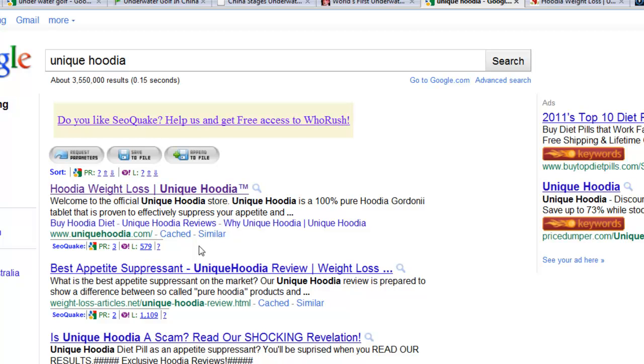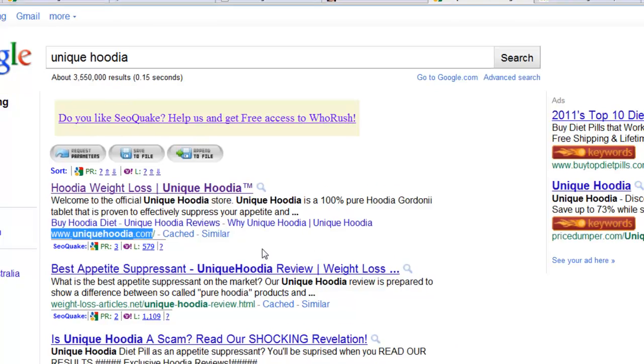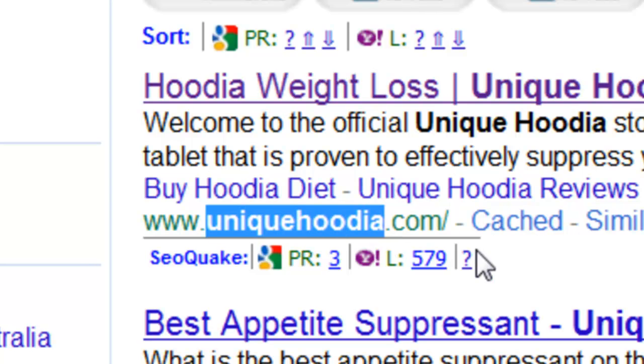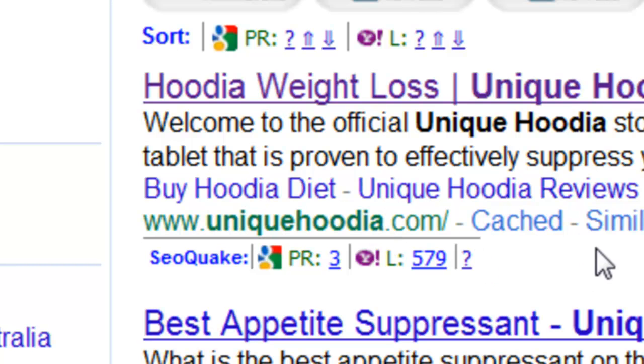So the other thing about this particular listing is it's an exact match domain, meaning the keyword phrase unique hoodier is their exact domain, nothing more, nothing less. Google gives an exact match domain a slight SEO advantage. So not only have they got 579 links, they've also got a little bit of an advantage over other websites in the fact that they have the exact match domain.